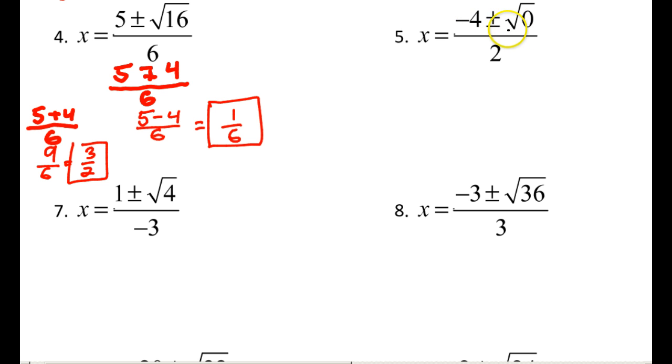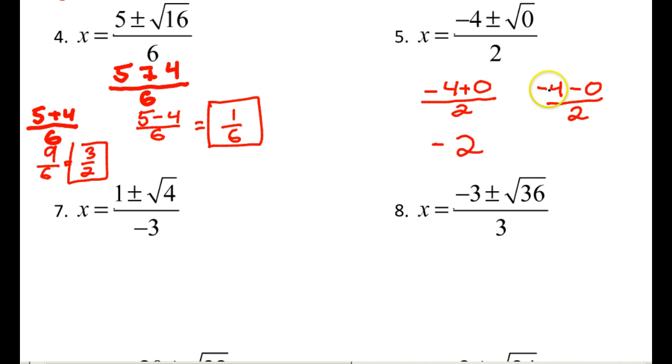What happens when you get 0? What's the square root of 0? 0, right? Now, if you do negative 4 plus 0 over 2 and negative 4 minus 0 over 2, what happens? What do you get on the left side? You get negative 4 divided by 2, which is negative 2.